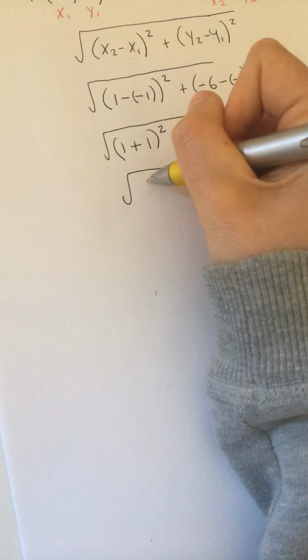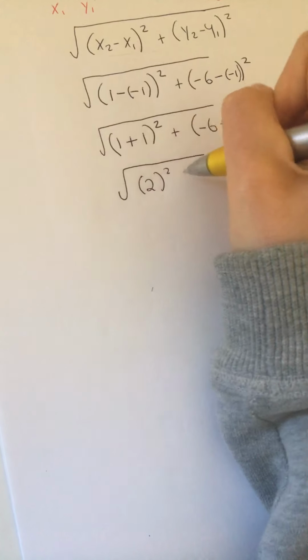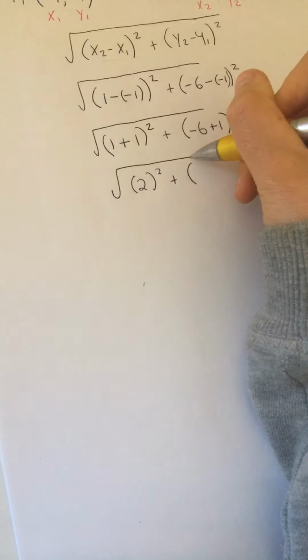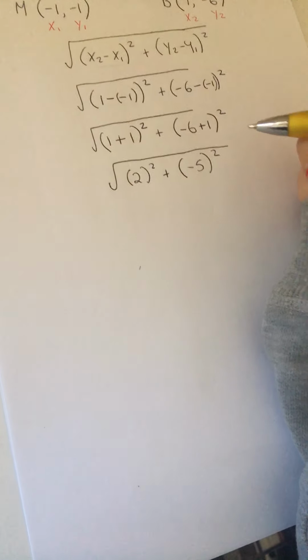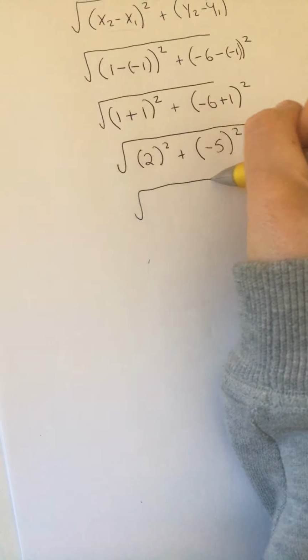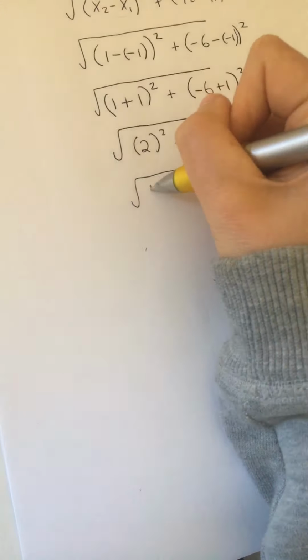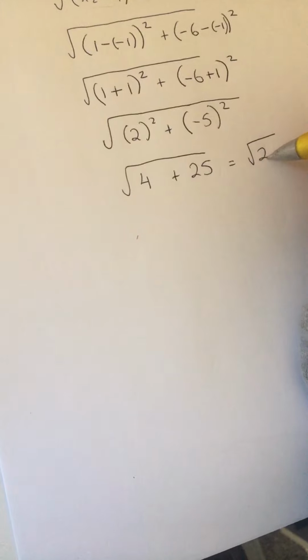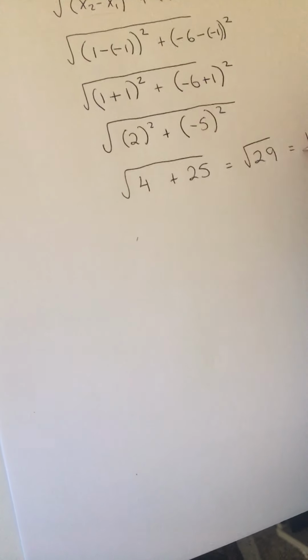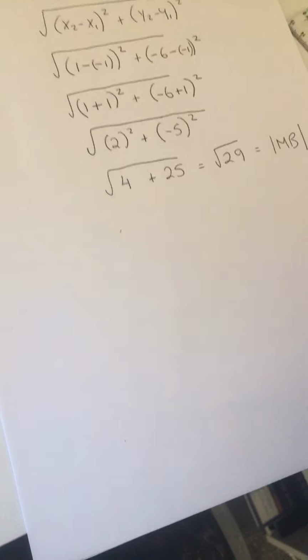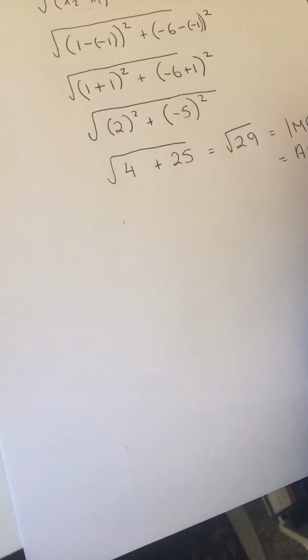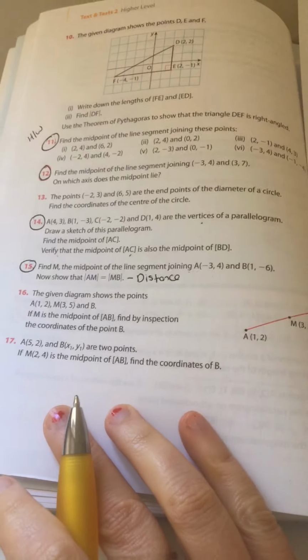So 1 plus 1 is 2 squared, and minus 6 plus 1 is minus 5 squared. So therefore we have the square root of 4 plus 25 equals the square root of 29, and that is the distance from M to B, which is the same as the distance from A to M, which is what they wanted. And that is it.